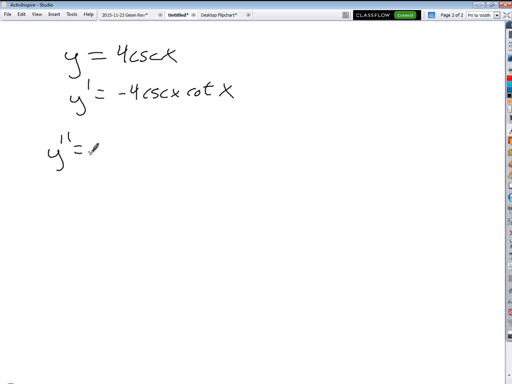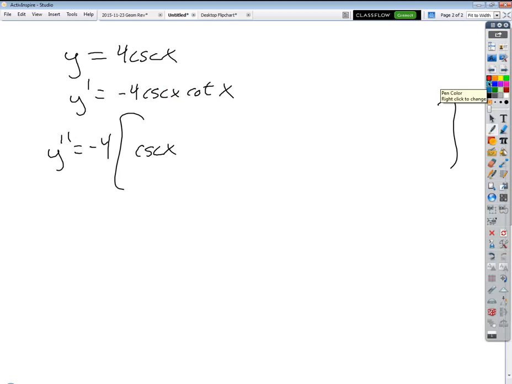So here's my recommendation with this. I would leave the -4 out front and just differentiate the product. So I would do this. There's -4 out front, and now we're going to use the product rule, right? The derivative of cosecant times cotangent is going to be the first times the derivative of the second.